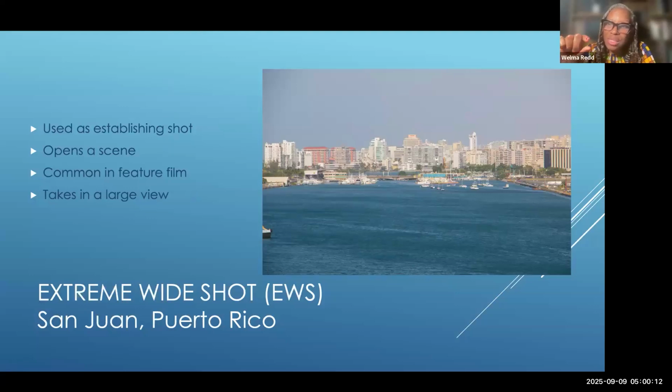Skyscrapers are just less than an inch tall, little specks and little dashes. That's called an extreme wide shot, EWS. Oftentimes we start videos, we start movies with extreme wide shots or very wide shots.